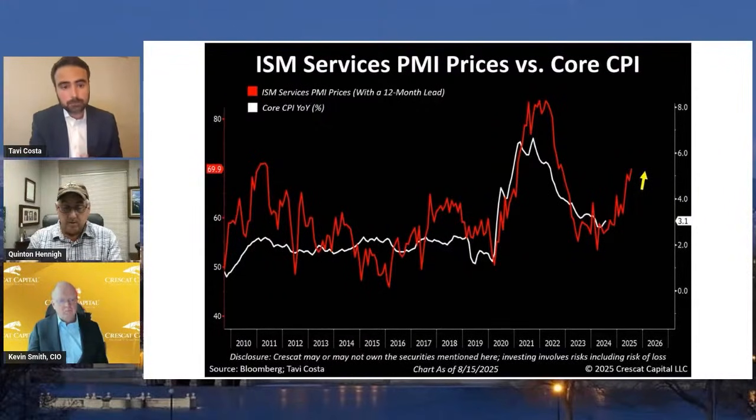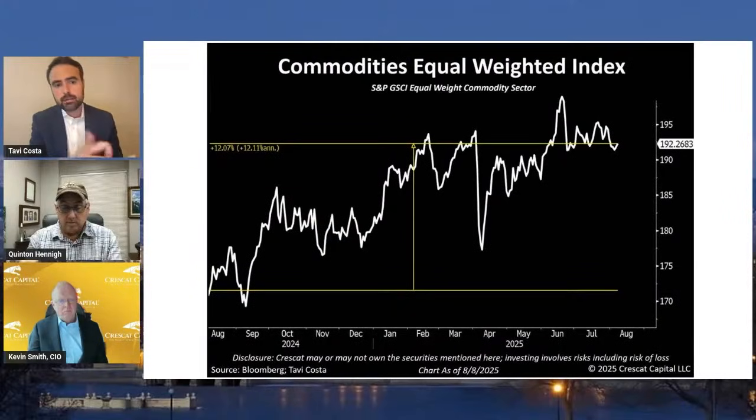If we go to the next chart, you can see here, as I said before, commodities up double digits. I mean, that's the equal weighted index of commodities. So, some people will say, well, what about energy? Well, you need to look at the whole thing. And so agricultural commodities, metals have been going up a lot. And so, some agricultural prices or commodities have also experienced a surge in prices too.